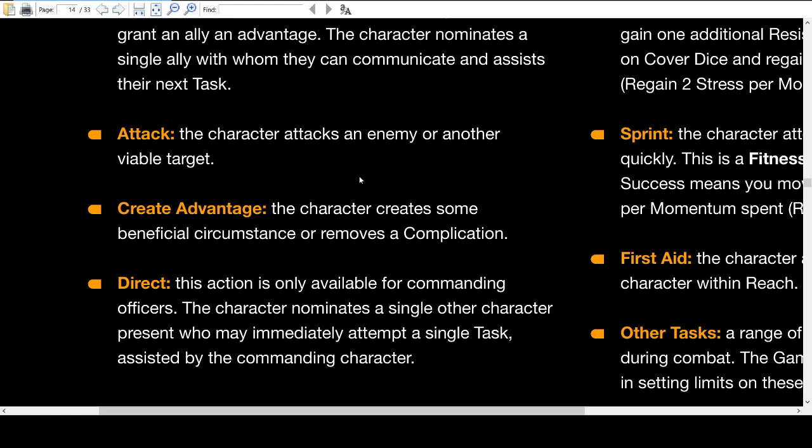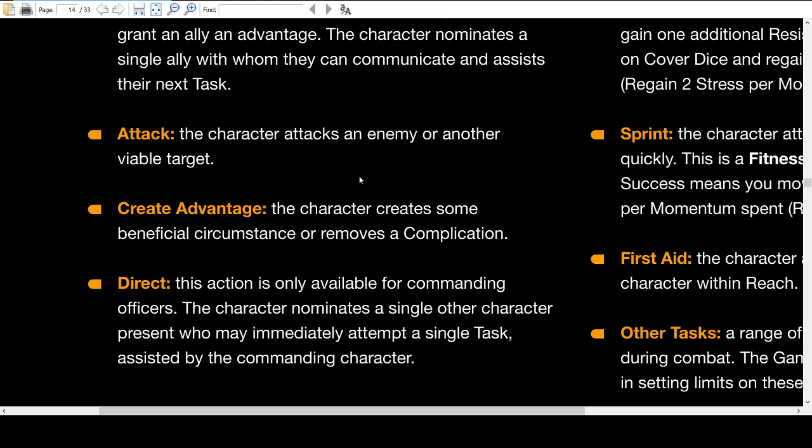You will only want to remove complications when a complication is being generated as a result of dice rolls, most likely by another character. So is create advantage something you have to do in advance? Like my character does create advantage, and when the next character creates a complication, my create advantage steps in and removes it before it even happens. So that's a consideration. I think that may need some clarification.